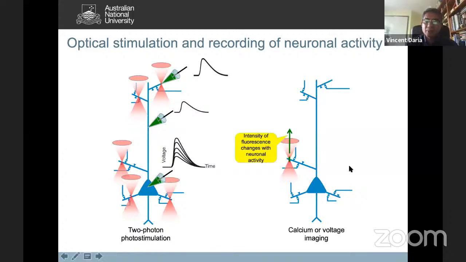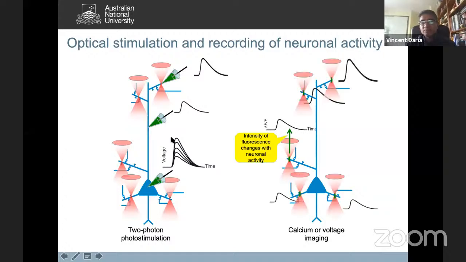If we measure calcium responses in this region here, we can look at the change of the fluorescence as a function of time. And this change of fluorescence is correlated with the activity of the neuron. We can position the spots anywhere in different areas, and then we can record activity as a function of time. This is not stimulation anymore. This is what we call optical recording.